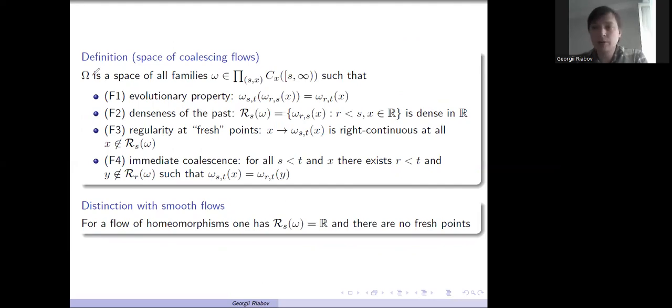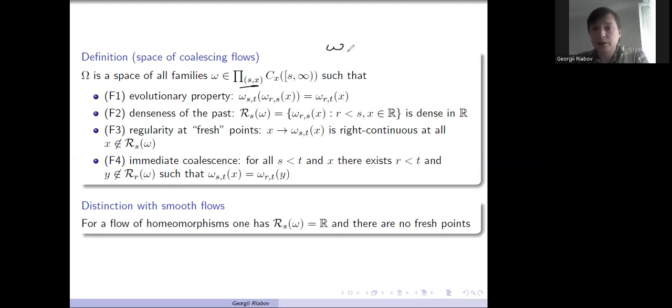Now, as the probability space, I will consider all families of continuous functions with properties 1 to 4. This means that every element of the probability space is a collection of continuous functions.